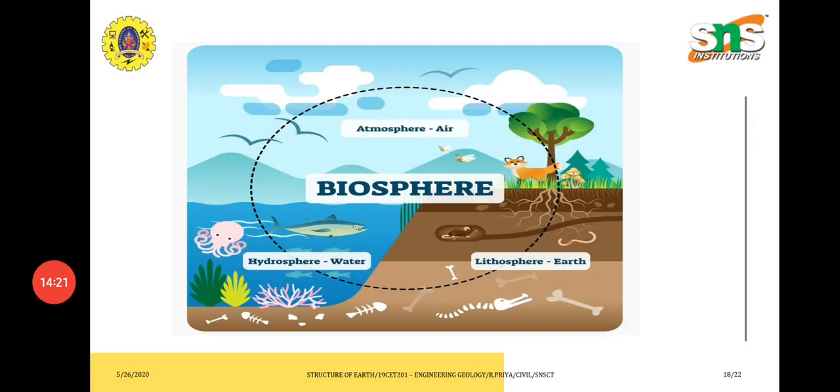Next, the atmosphere has 5 different layers: the troposphere, stratosphere, mesosphere, ionosphere and exosphere. Finally, the biosphere is where all the living organisms are present. This is the structure of our earth and the different types of spheres present in it.